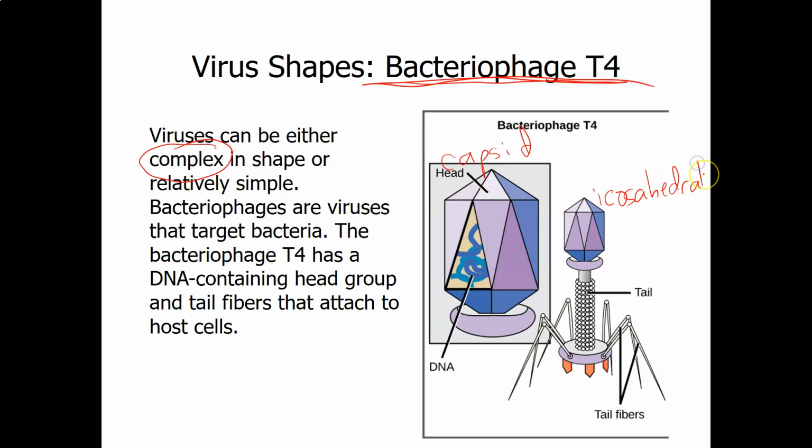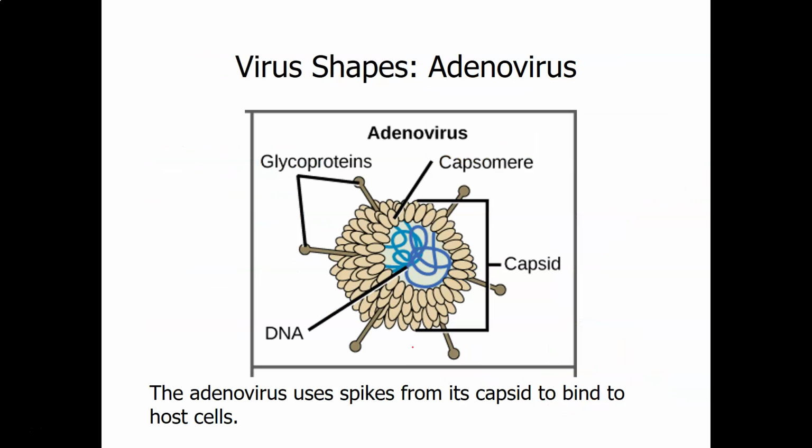And the tail is actually helical shape, but it's got a lot of branches. It's got what looks like little legs that are attached to the tail. And they even appear to be designed for attachment to the host cell. So having an icosahedral head and a helical tail means that we call the shape complex. And by the way, the T4 bacteriophage is a DNA virus.